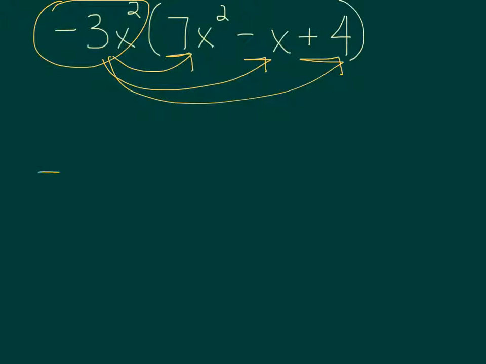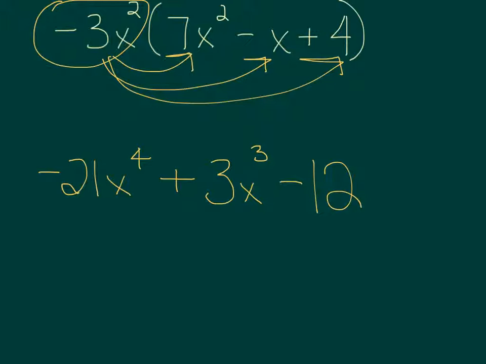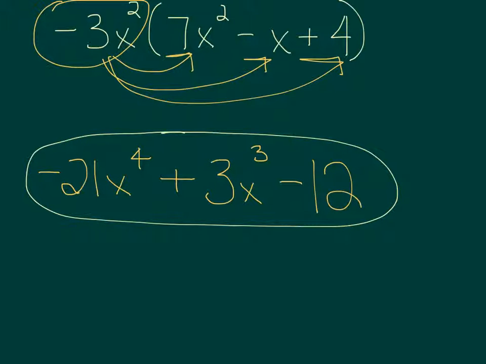So this would be -21x to the fourth. -3 times -1 would be a positive 3x, and you add the exponents, so to the third, minus 12. So your final answer for multiplying the monomial times the polynomial would be -21x to the fourth plus 3x to the third minus 12.